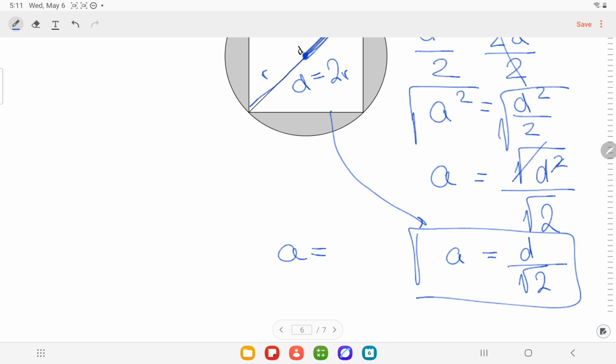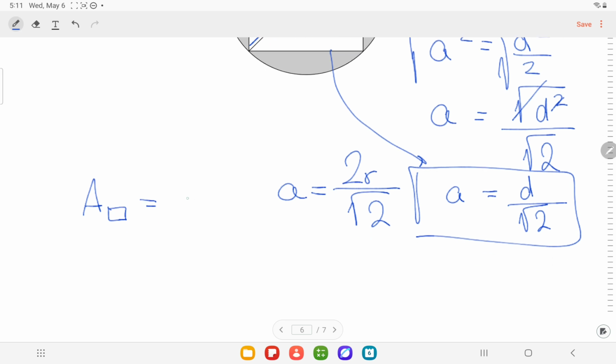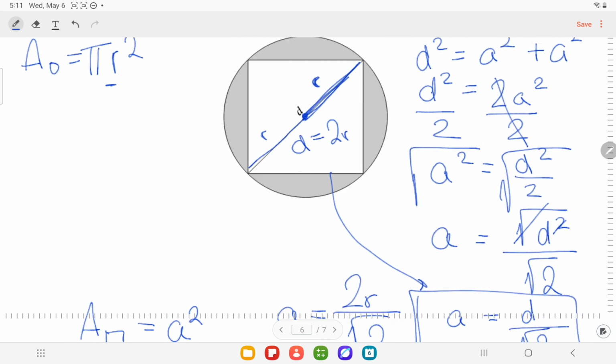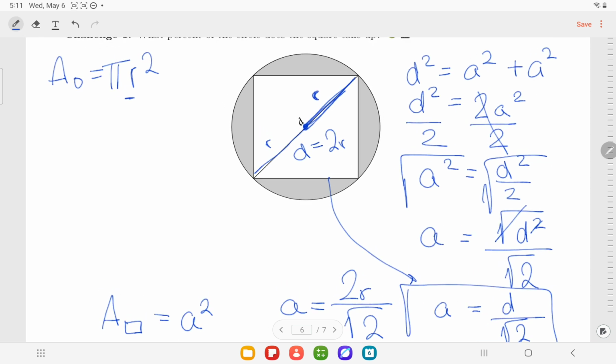So our length of the square is 2r over root 2. And so the area of the square is going to be our a squared, a times a, because a is both the length and the width.